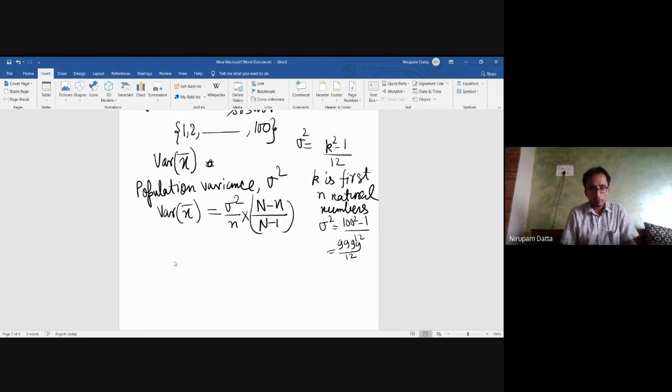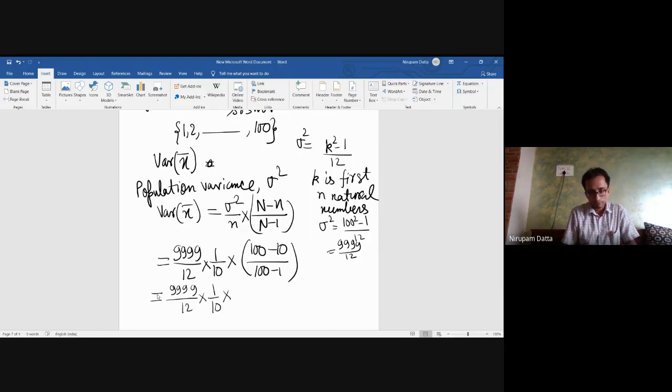So here we have already got sigma square, 9999 by 12 into 1 by n, that is 10, into 100 minus 10 by 100 minus 1, into 1 by 10 into 90 by 99.